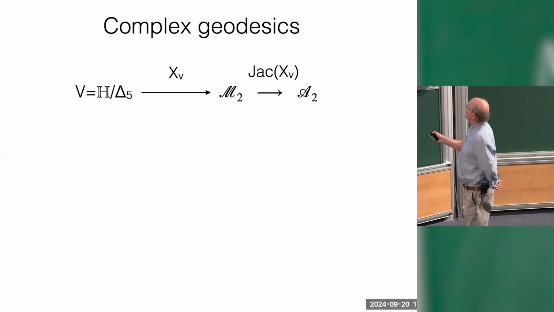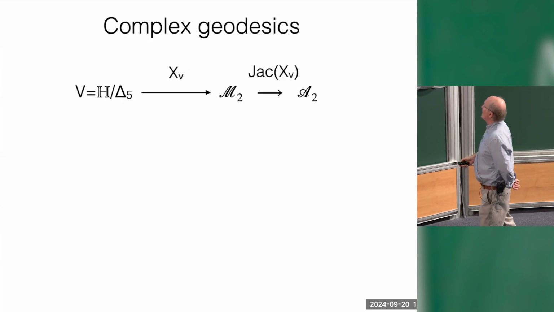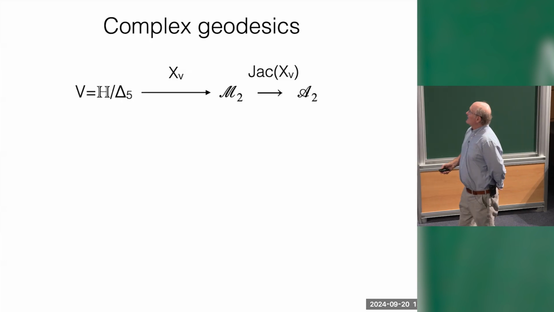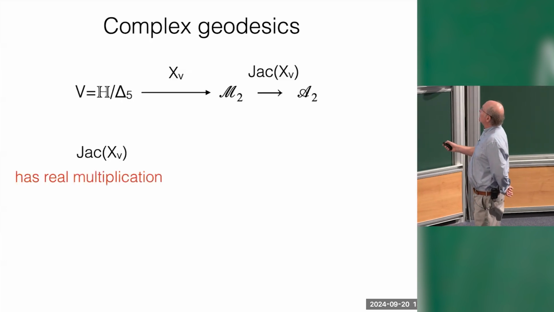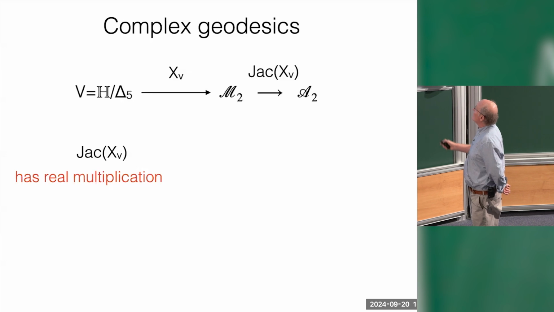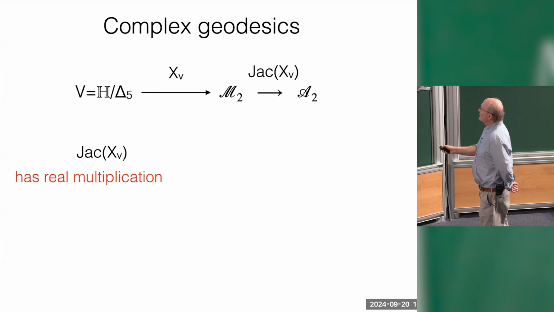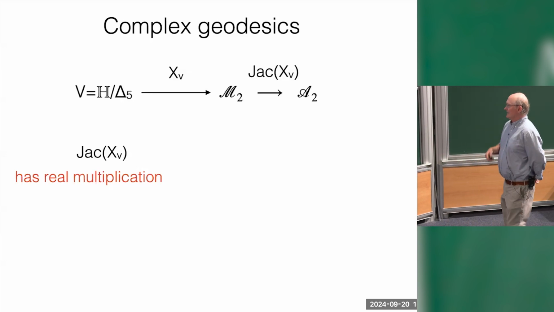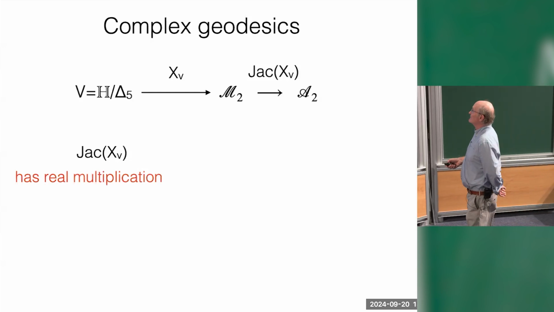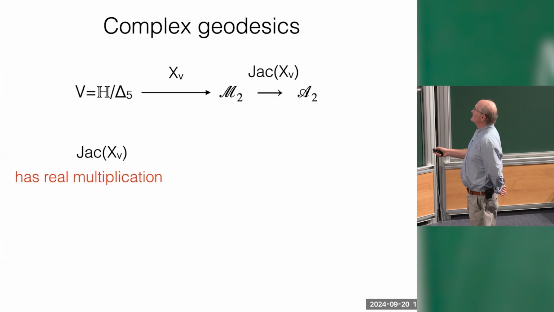And you can further follow this map by taking its Jacobian to get a map into the abelian varieties of rank 2. And remarkably, it turns out that along this curve V in moduli space, the Jacobians always have real multiplication. And I'll elaborate what that means in a moment. It means there's special endomorphisms for the Jacobian of X_V.